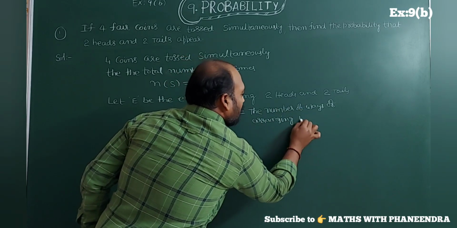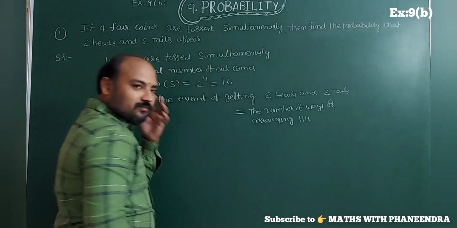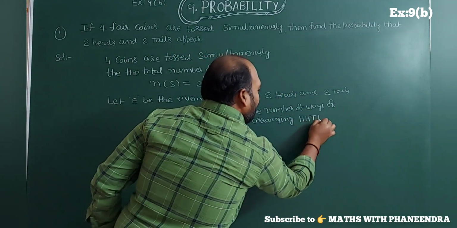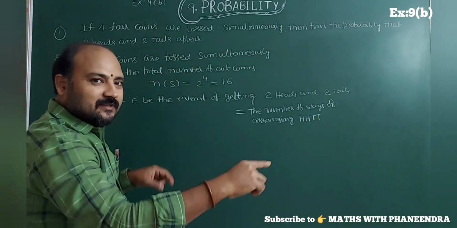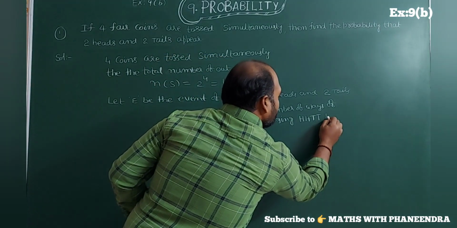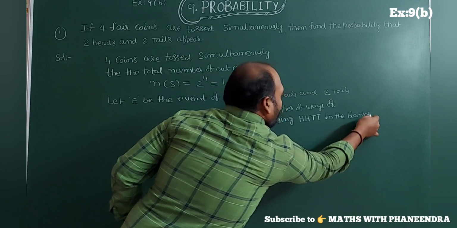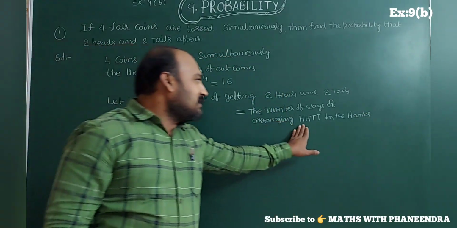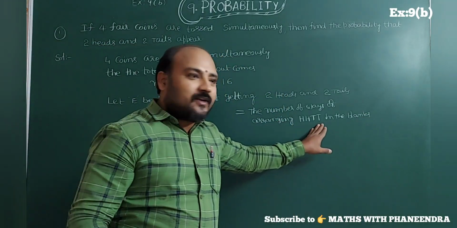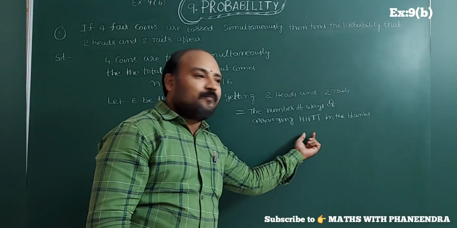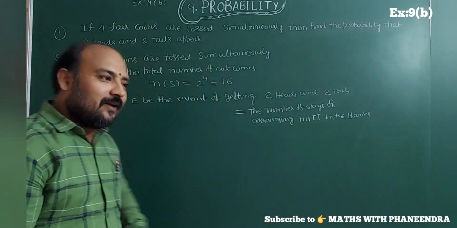2 heads, that is H H, and T T, in the blanks, as in permutations and combinations. So total 4 things are there. In that, 2 H's are alike and 2 T's are alike.